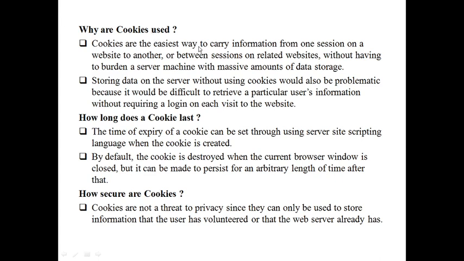Why are cookies used? Cookies are the easiest way to carry information from one session on a website to another, or between sessions on related websites, without burdening a server machine with massive amounts of data storage. Whenever we visit our social media sites, we can also see advertisements related to shopping sites.